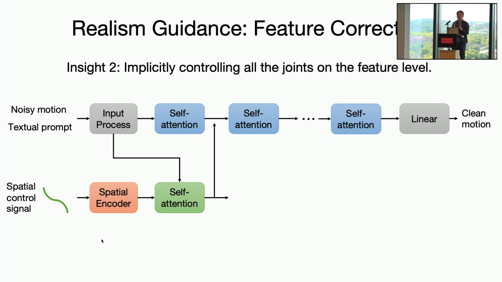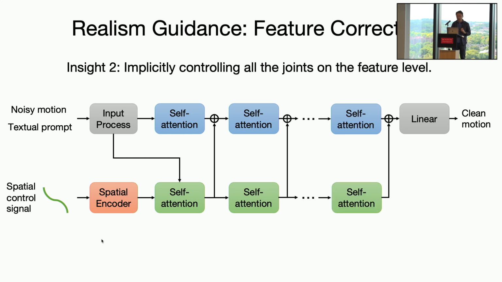Like I said, we do not know explicitly how to control the rest of the joints, because from the input we have no such information. But we can choose to do it in the feature space, in the latent space, and let the model figure it out from the training data. And we can repeat this process until we process all outputs of those intermediate layers.